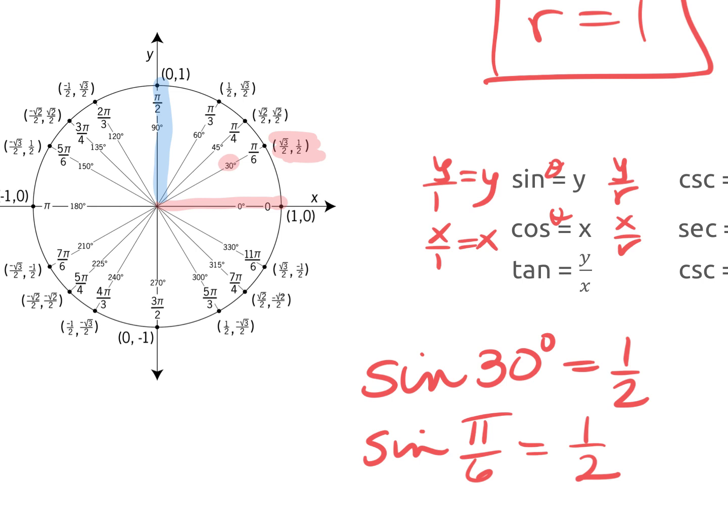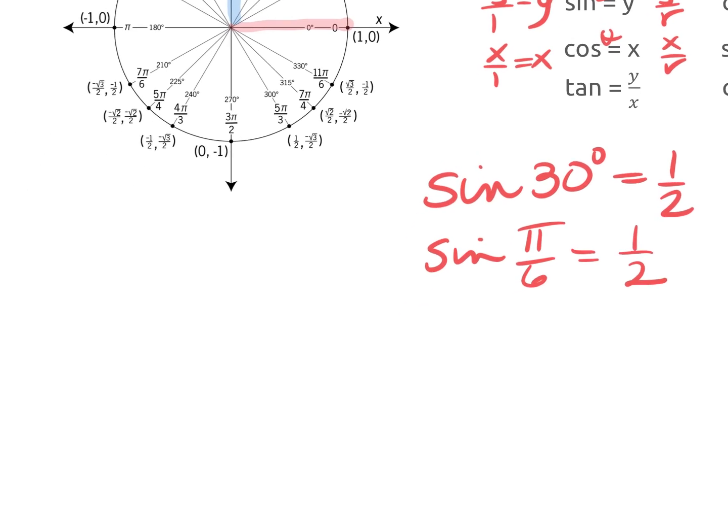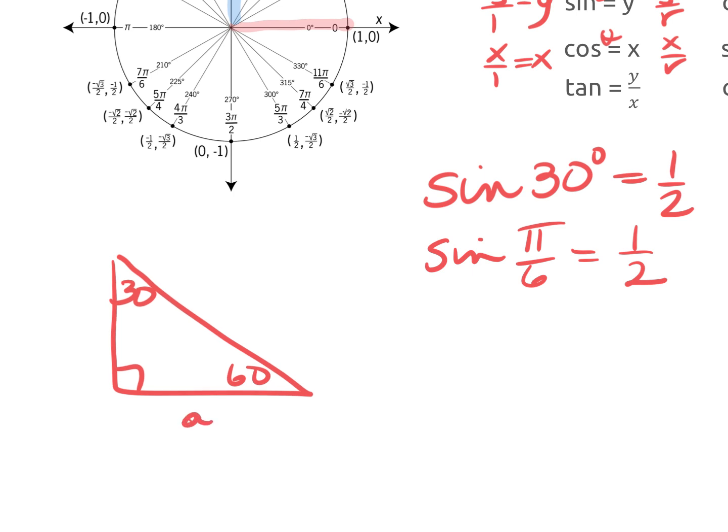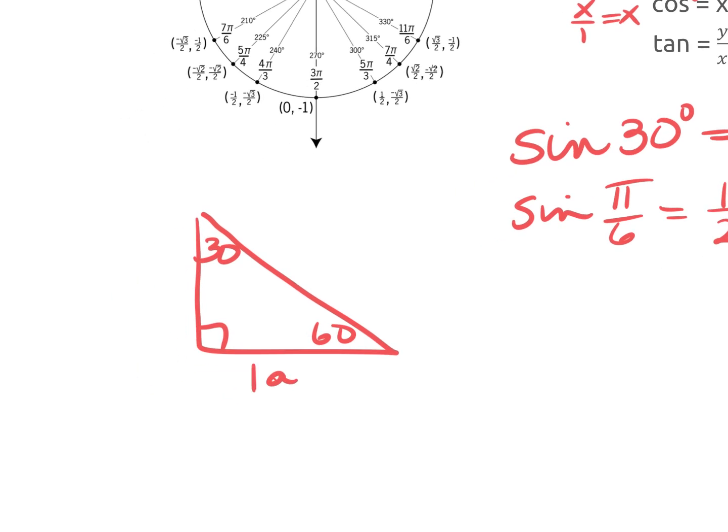Now, also with our special right triangles, our side lengths on our triangle are different. So when we did the 30, 60, 90, remember we memorized the side across from the 30 was 1a, then this was a square root 3, and this was 2a. Or again, you memorized it as just the 1, the square root of 3, and the 2. However, now this r value is going to equal 1.